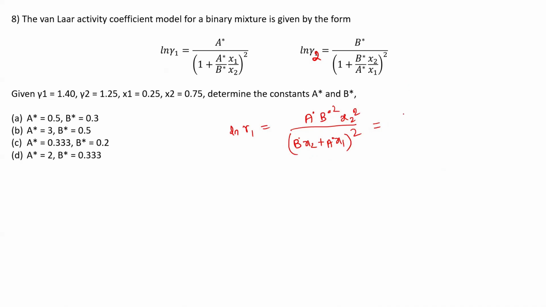So this is A B square x2 square. Now from this equation, ln gamma 2 equals to, the denominator is remaining the same, A star x1 plus B star x2 square into B star into A star x1 square.